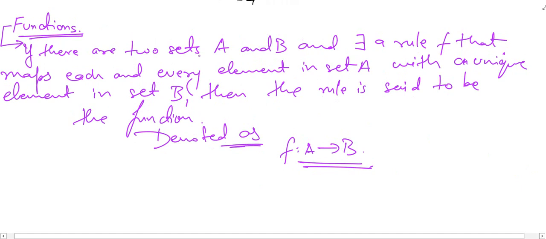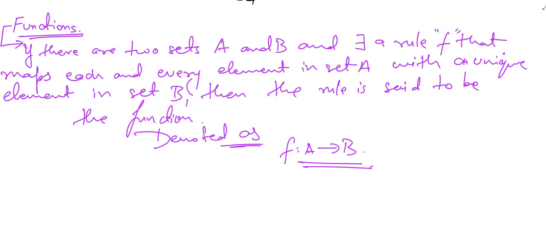So what does it say? It says that if there are two sets, right? If we are dealing with functions, relations and all those kinds of things, the concept and the basic requirement of set theory is very important. If there are two sets A and B and there exists a rule F, let me enclose this F in quotes, there exists a rule F that maps each and every element.